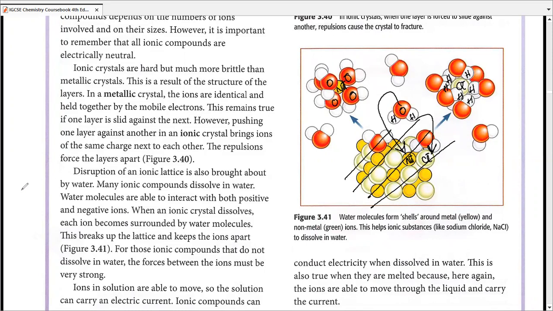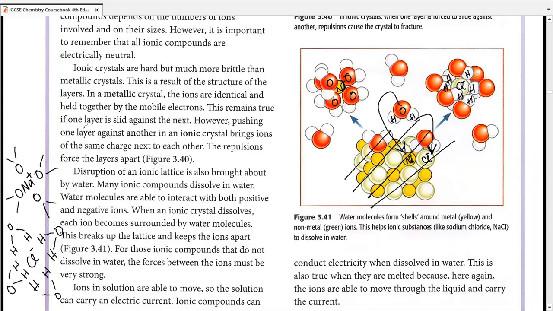So it's safer to say that sodium ions are all covered by oxygen, and the oxygen atoms are bonded to hydrogen. And chloride ions are surrounded by hydrogen, and each hydrogen is again bonded to the oxygen atoms in the structure of water, right? So I hope you get the point.